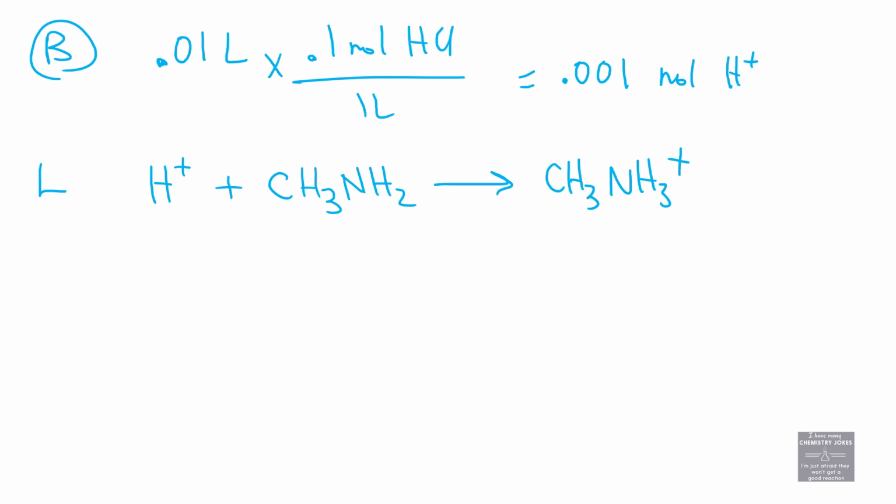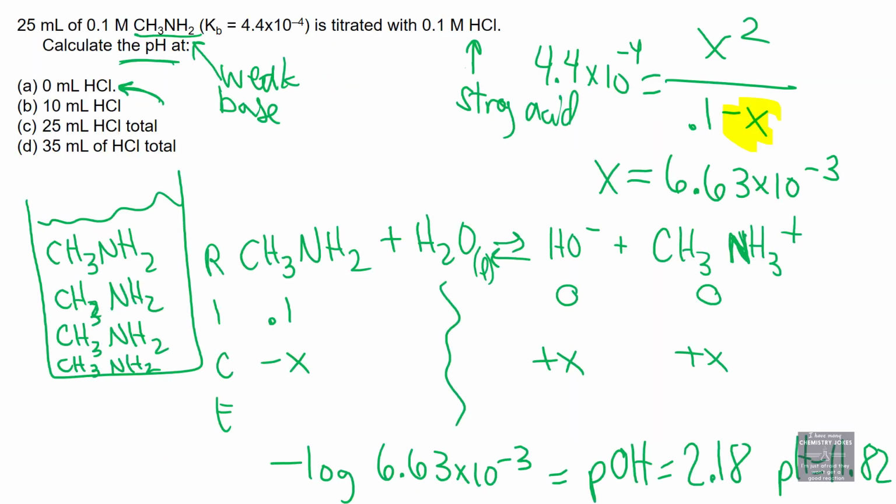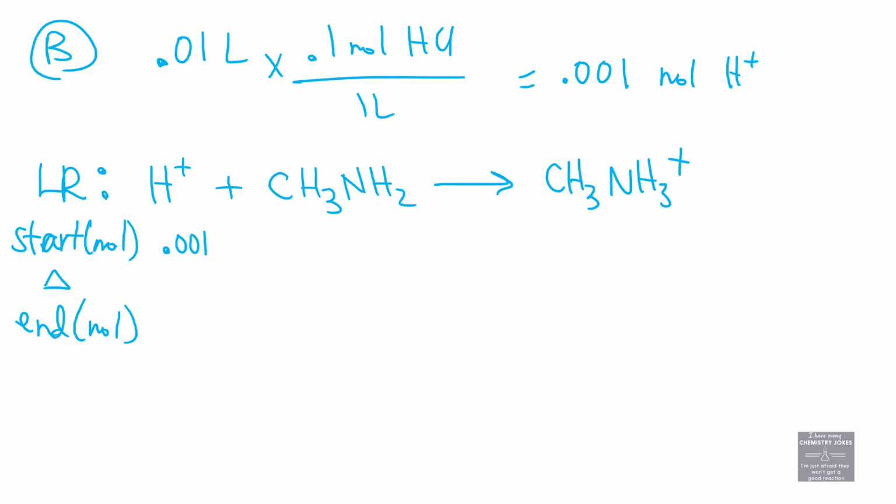This must be a limiting reactant table, which starts with moles and ends with moles, and it changed in the middle. 0.001 moles. And I just realized I did not previously calculate 0.025 times 0.1 moles, so 0.0025 moles of methylamine.